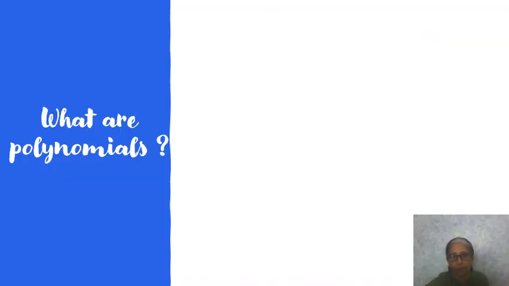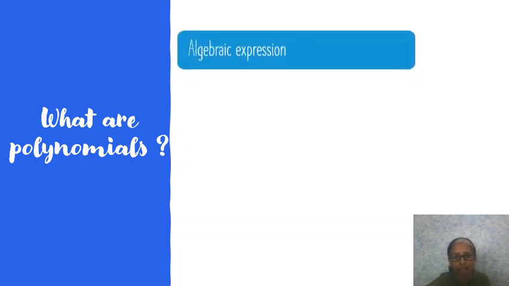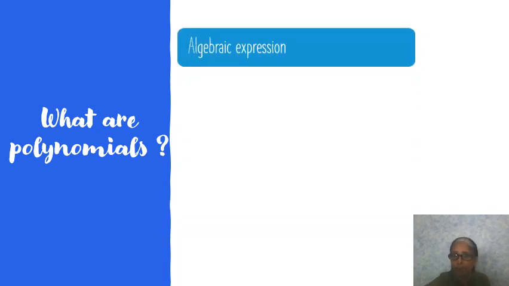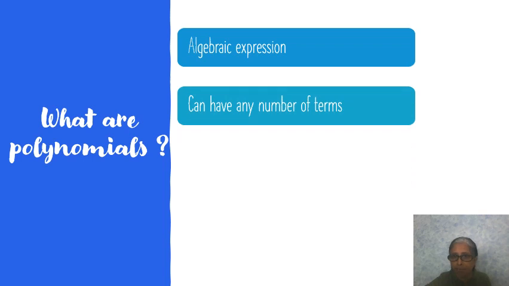Now we'll see what are polynomials. The first point is that they are all algebraic expressions. All algebraic expressions are not polynomials, but polynomials are algebraic expressions. Is that clear? The next point is that it can have any number of terms.